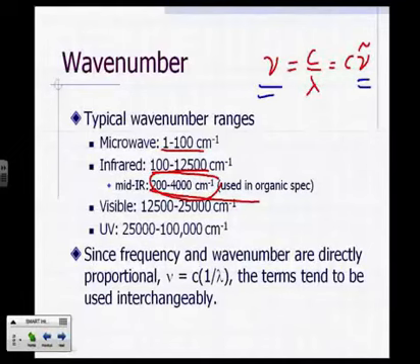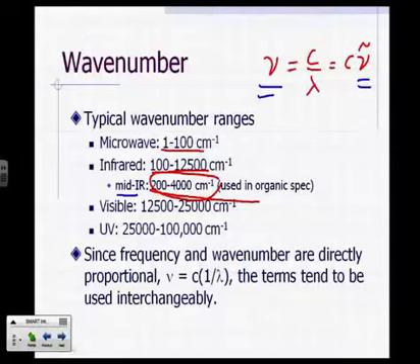The words tend to be used interchangeably because a higher wave number means a higher frequency. The infrared spectrometer that you use in organic chemistry is said to be in the mid-infrared, right in the middle of this entire infrared range that goes from 100 to 12,500.